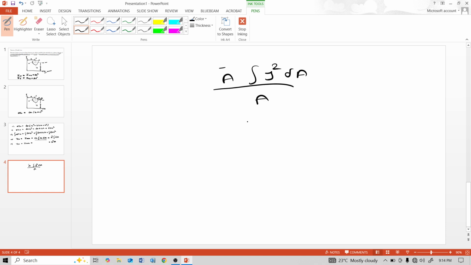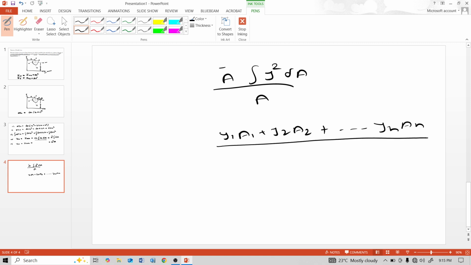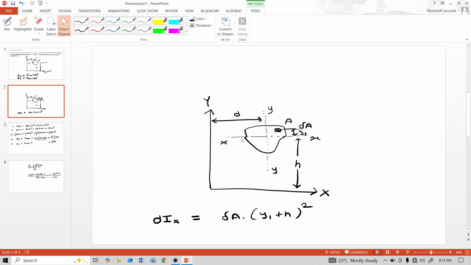For centroid we use the formula y1 a1 plus y2 a2 plus up to yn an upon a1 plus a2 plus up to an. But we already consider that our centroid lies on the origin, and the small x-axis passes through the centroid of the whole area.